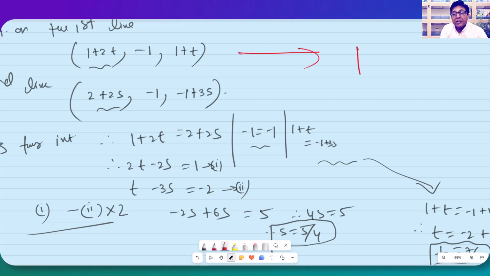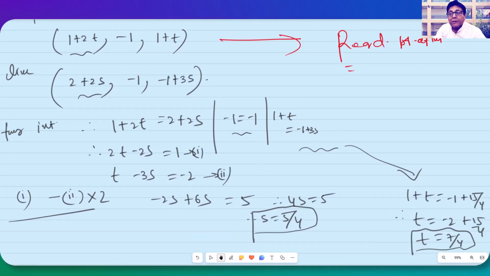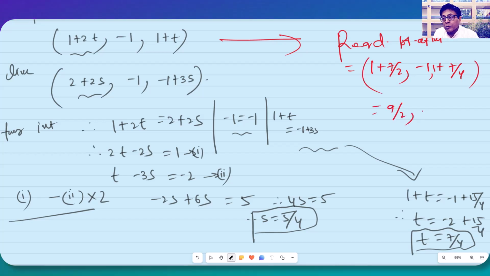Required point of intersection is going to be what? 1 plus 2t, t we got earlier, that t is 7 by 4. So 1 plus 7 by 2, minus 1 and 1 plus 7 by 4. Okay? So this is going to be 9 by 2, minus 1, 11 by 4.